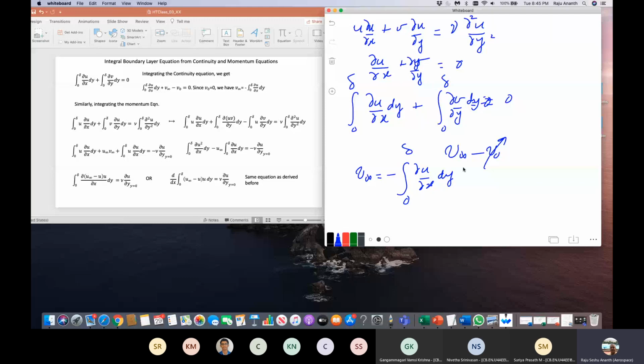Okay, let's keep that. Let's just write it down here, and then we erase everything there. So here v infinity is equal to minus the integral of du/dx dy. Okay, let's keep that.